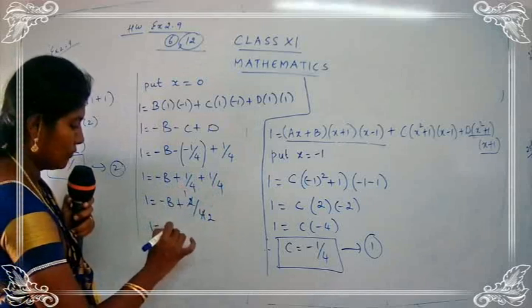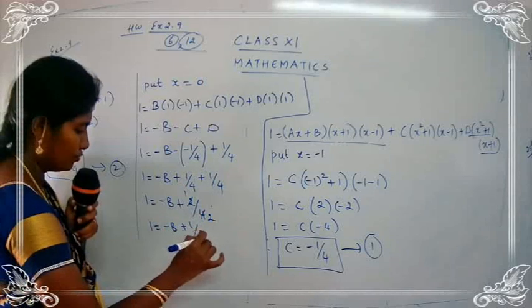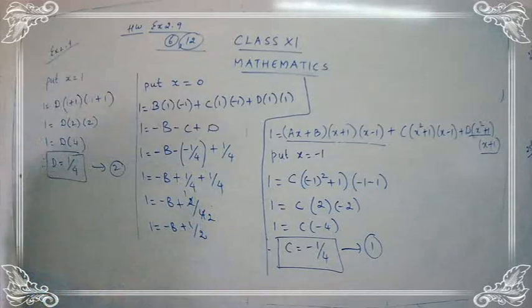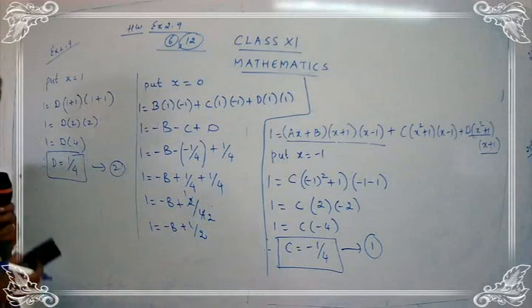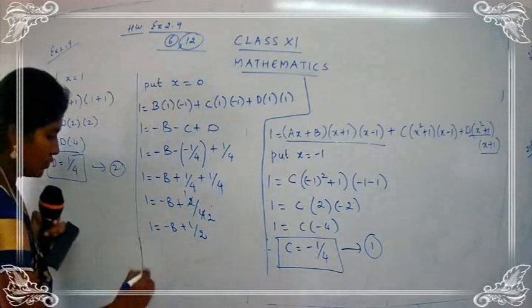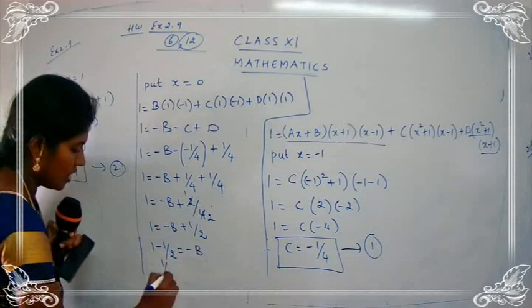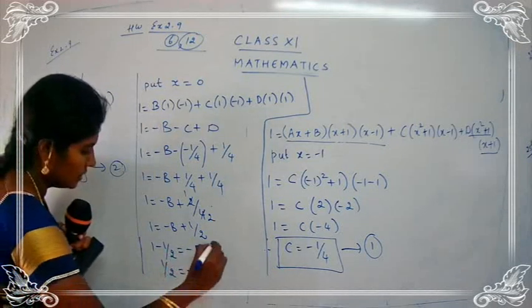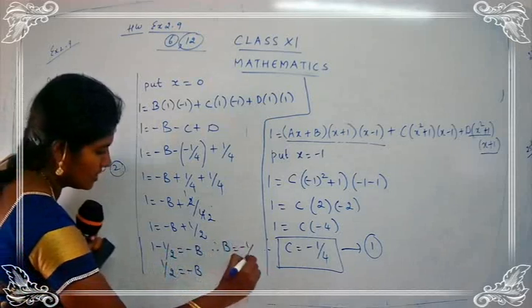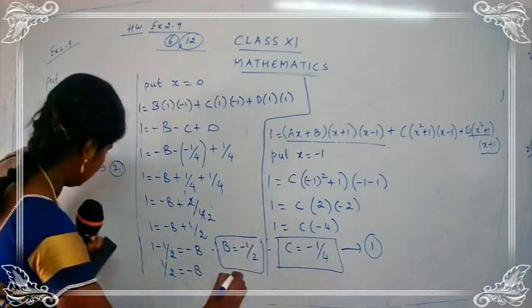So 1 is equal to minus b plus 1 by 2. So 1 minus half is equal to minus b. So half is equal to minus b. Therefore b is equal to minus half. Take this as number 3.